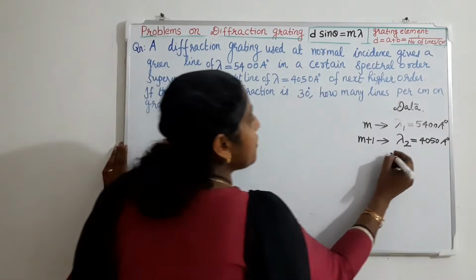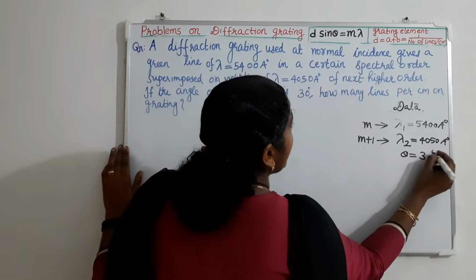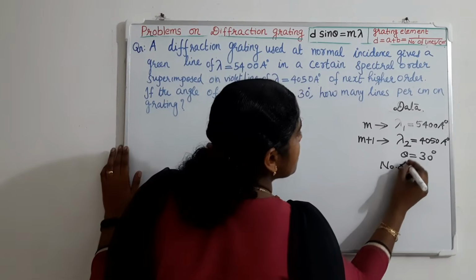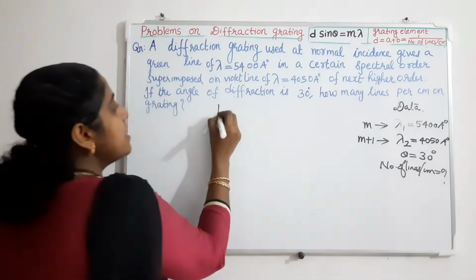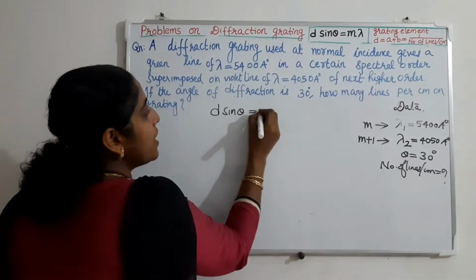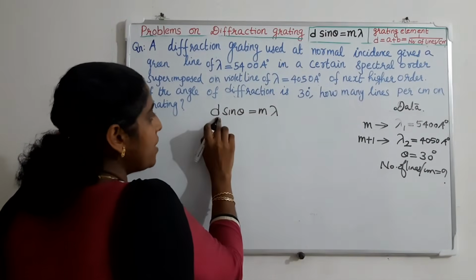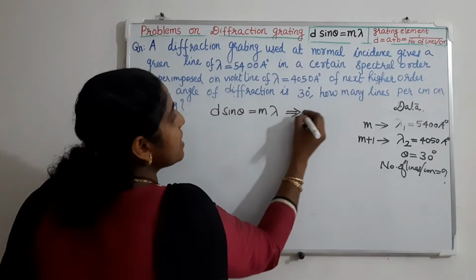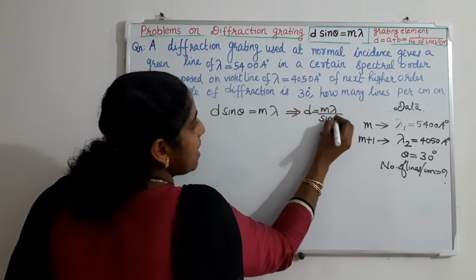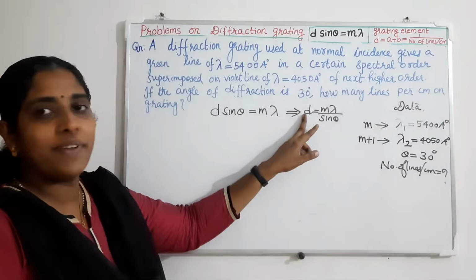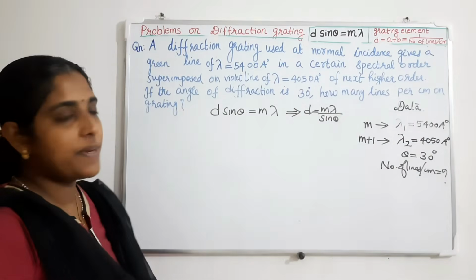So if the angle of diffraction is 30 degree, find the number of lines per centimeter. So from the grating equation, D sin theta is equal to M lambda, we can find the D value, that is D equal to M lambda divided by sin theta. So the reciprocal of this will give the number of lines per centimeter.